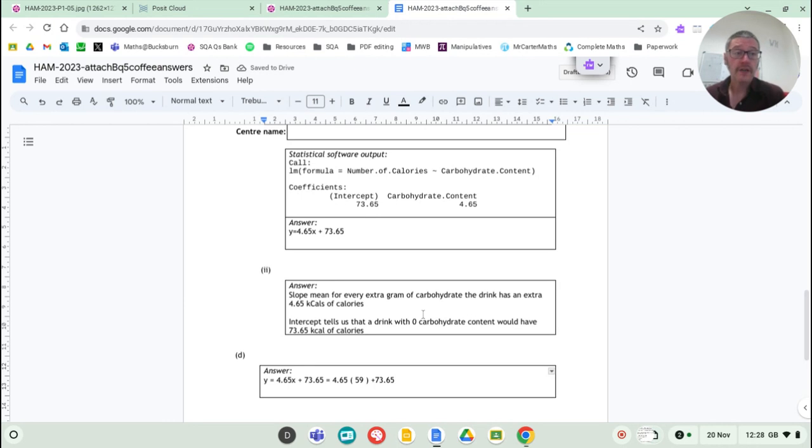Now we'll go to our calculator and type that in. 4.65 times 59, add 73.65, gives us an estimate of 348 kilocalories, or however we say that.